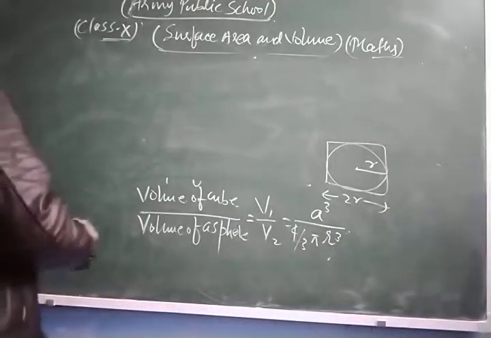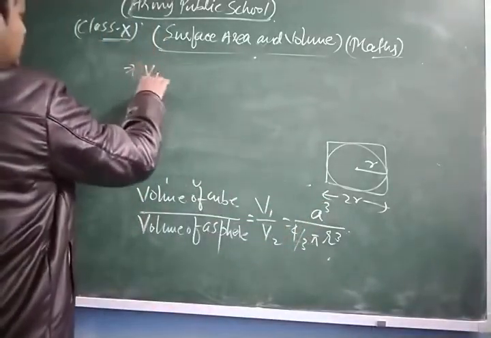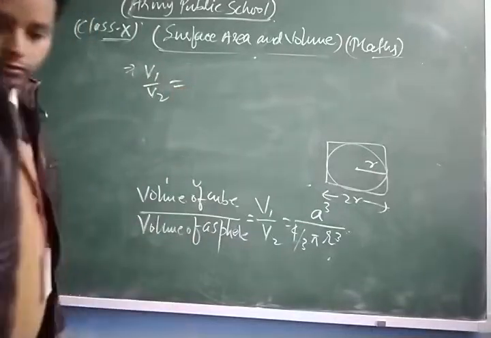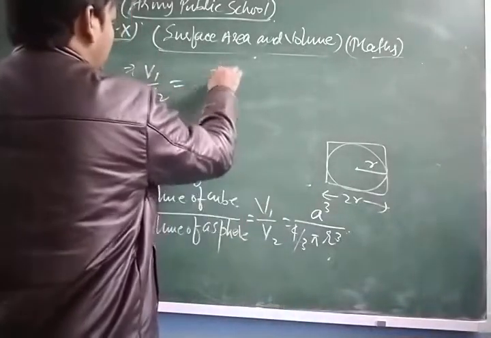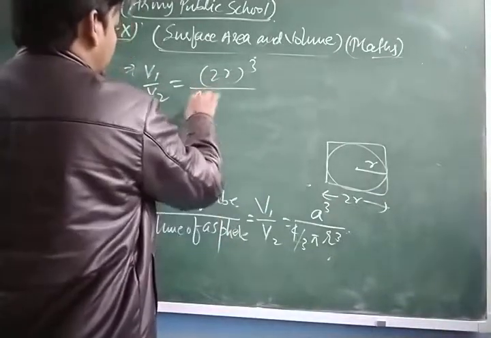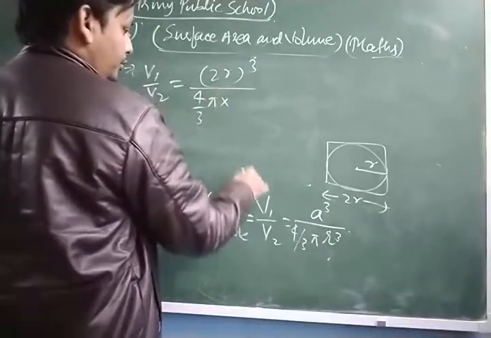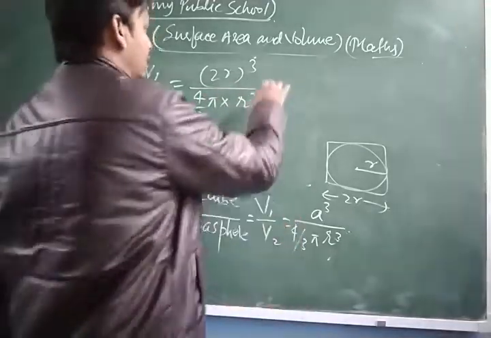Now we put all the values. Each edge of the cube is 2R. So V1 upon V2 is equal to 2R cube upon 4 by 3 pi R cube, R as it is because we take R as the radius.